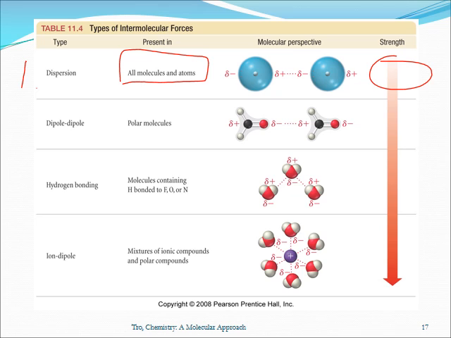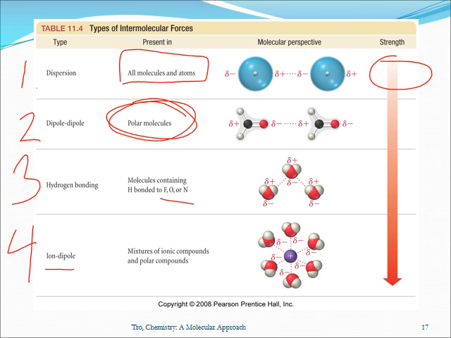Second, all polar molecules, if you have 2 polar molecules, are going to display some sort of dipole-dipole IMF. It's sort of strong, but not really strong. Third, hydrogen bonding: hydrogen bonded with one of the FON elements. That's the second strongest, and a good example would be water, just like we have here. And then last but not least, the strongest is ion-dipole.